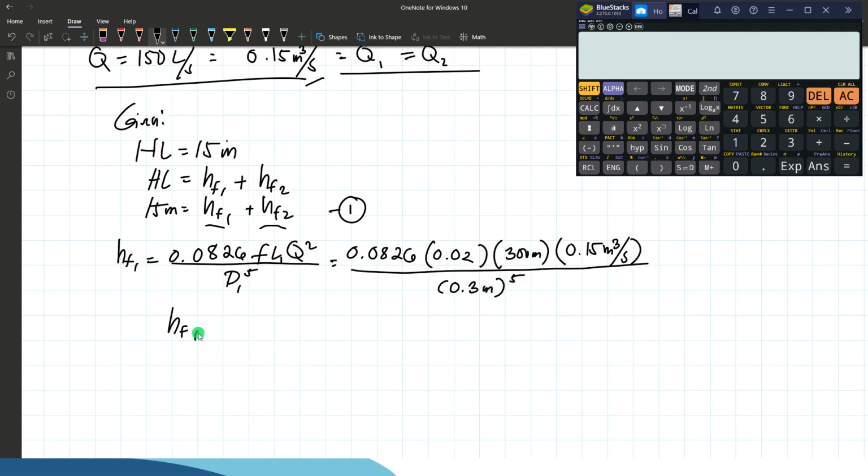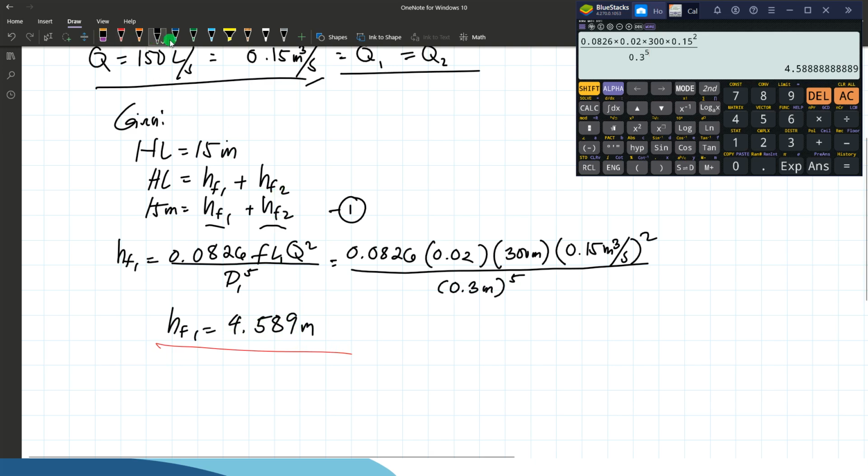So the head loss in pipe number 1 is 4.589 meters.